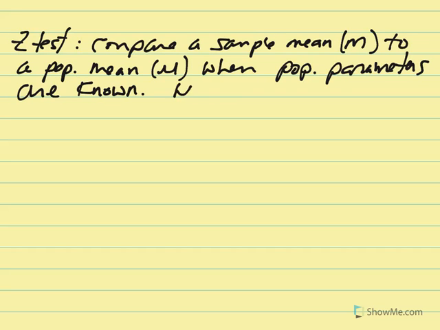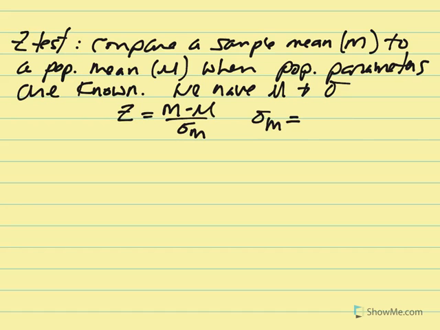So we have mu and the standard deviation of the population. And again, our z equation was simply taking the mean difference and dividing by the standard error. And again, standard error was equal to the standard deviation of the population over the square root of n.